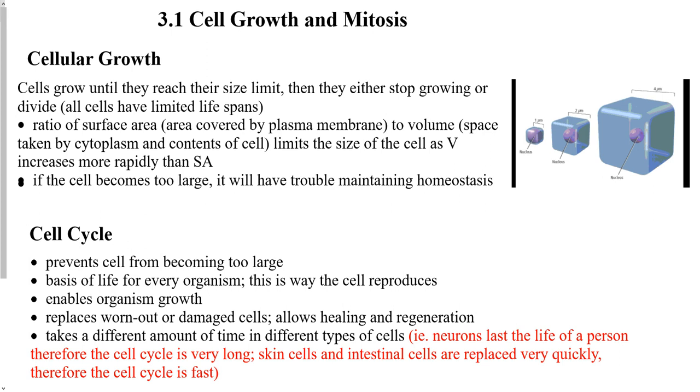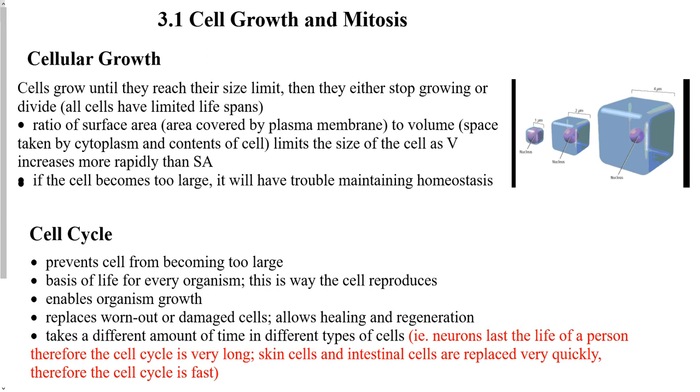Okay. So what happens is the ratio of the surface area, so remember surface area is the outside covering of the cell, to volume. So the volume of the cell would be the actual cytoplasm itself and the contents in the cell. This limits the size of the cell, okay?